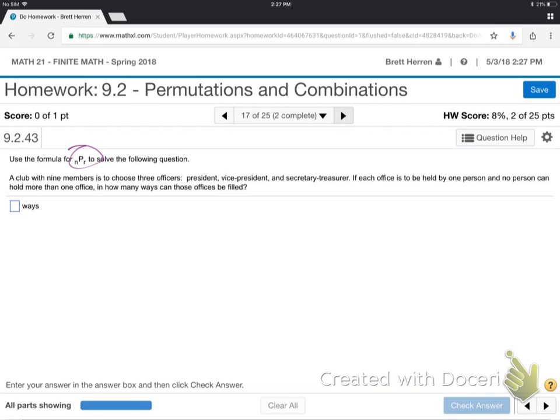A club with 9 members is to choose 3 officers: president, vice president, secretary, treasurer. Blah, blah. Who cares? So out of how many, pick the number that you pick. 9. Out of 9, pick 3.